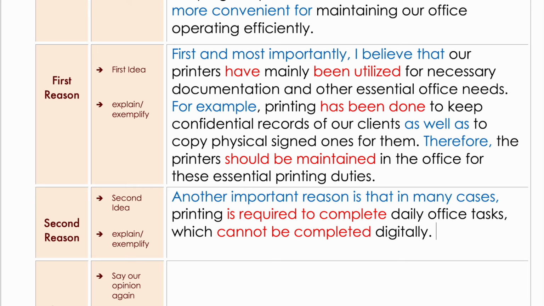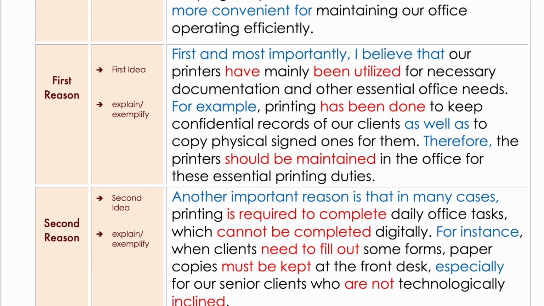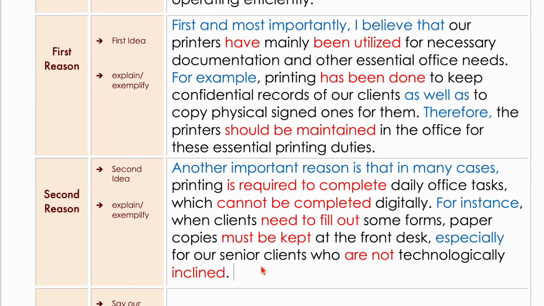So let's see what is our example here. Okay. For instance, when clients need to fill out some forms, paper copies must be kept at the front desk, especially for our senior clients who are not technologically inclined.